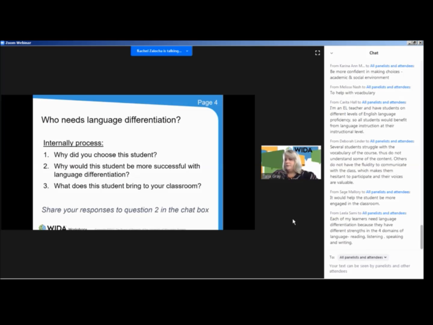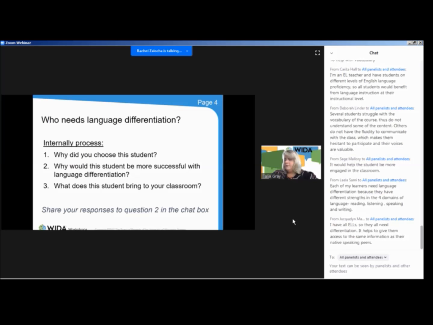As an EL teacher, I have English language learners, so I'm already differentiating for them, but I have to even further differentiate, and I teach high school. So within the classroom, I'll have students who are at more of a fundamental level of literacy in their native languages as well. Oh, wow. Where do you teach? In Rockland, Massachusetts. Oh, wow. That's amazing.